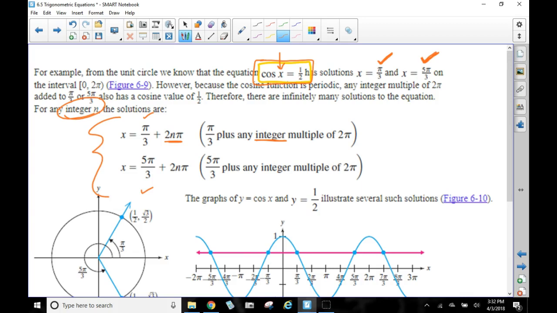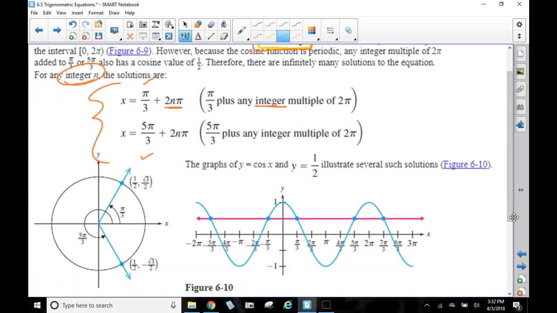Here's the graphical look at solving that equation. In the blue curve, they have the cosine graphed, and in the pink line, they have y equals 1/2. Every time that those intersect is where we would have our solutions. The little orange dots are the ones where x is equal to pi over 3, and then plus or minus 2n pi.